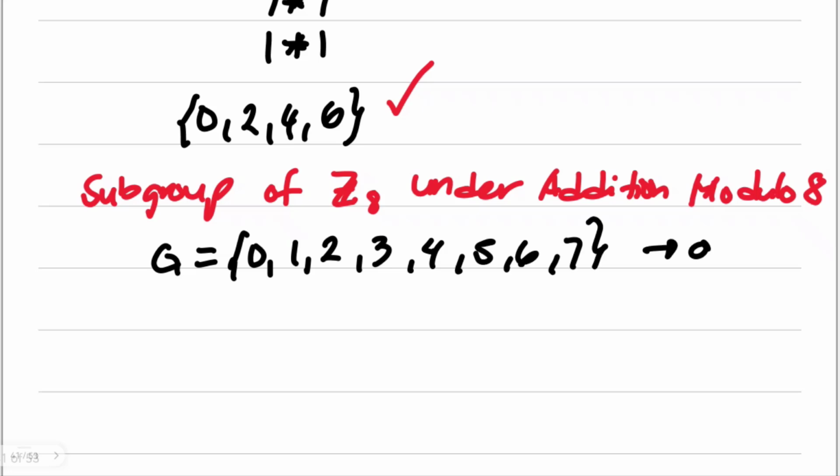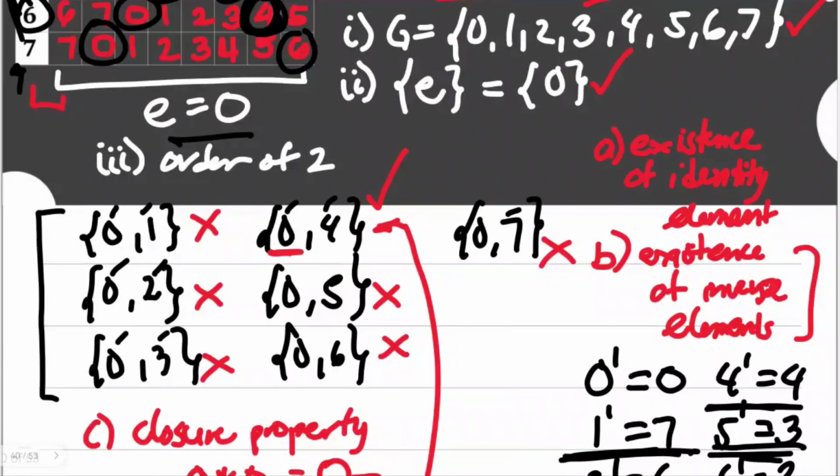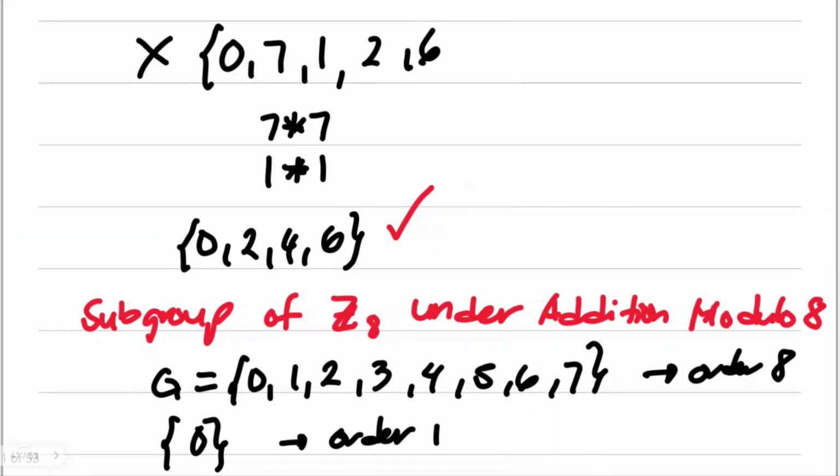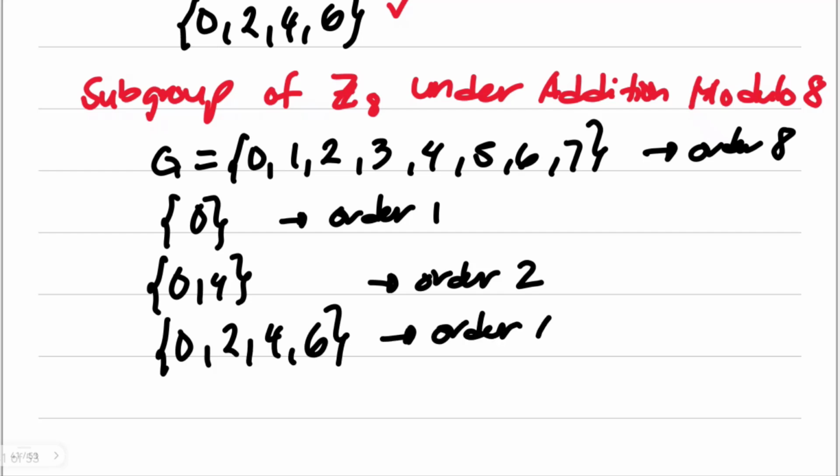This is actually with order 8. Next is a set containing the identity element. This is actually of order 1. Next, for our order of 2, it's actually 0 and 4. And you have 0, 2, 4, and 6 for your order of 4.